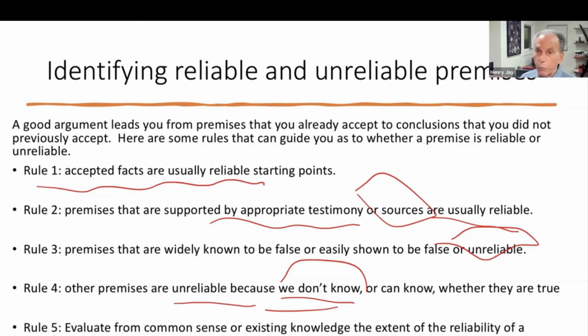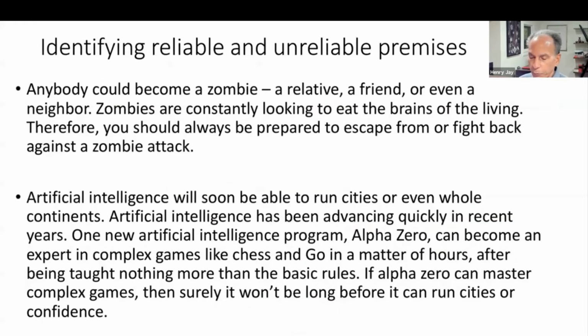We're not dentists, but it's common sense. So we'll end with some examples of identifying reliable and unreliable premises, which is the same type of work we do when we want to identify reliable or unreliable data, right?